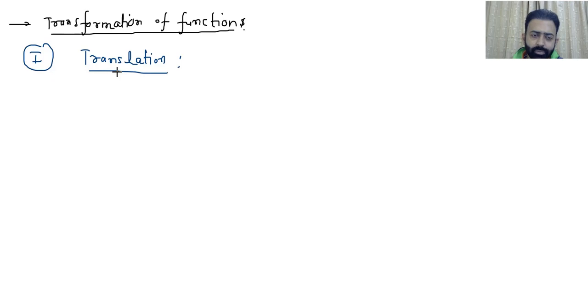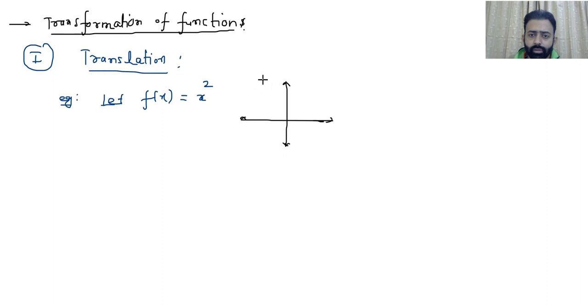Let us take one example. I will take this common example, which is our quadratic function f(x) = x squared. The graph of f(x) = x squared looks like this, again a U-shaped curve, a parabola.